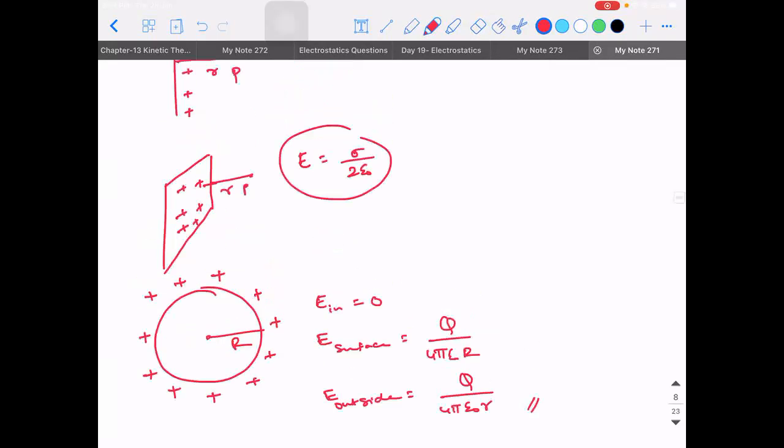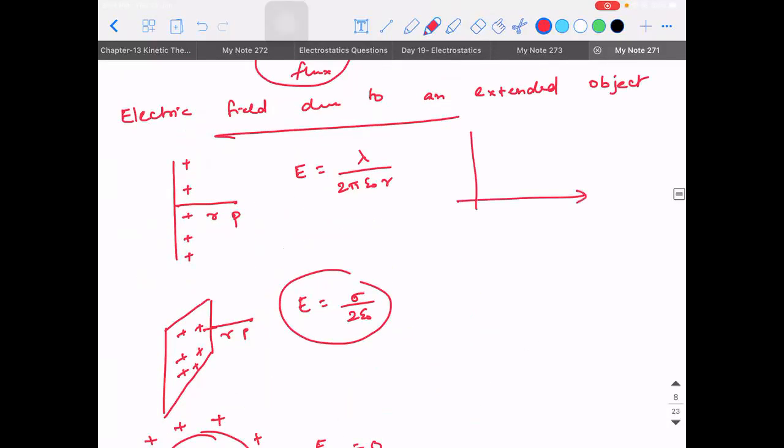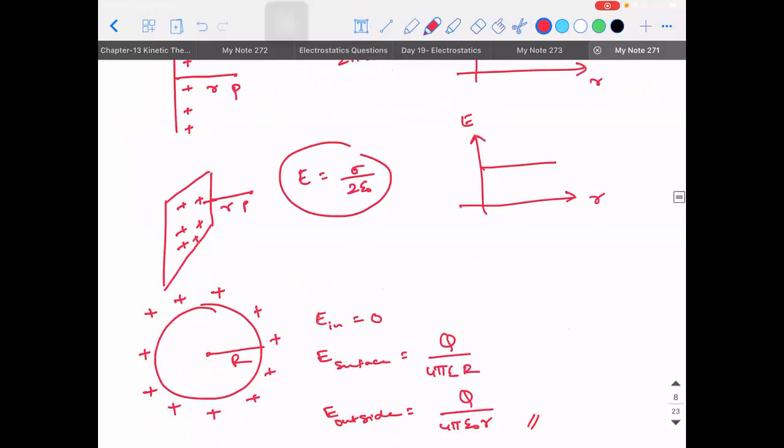Next, we need to know how the graphs are, right? Electric field and distance. With respect to the first one, what will be the shape of the graph? It will be a rectangular hyperbola. For the electric field of a plane sheet, it will be a straight line parallel to the x-axis.